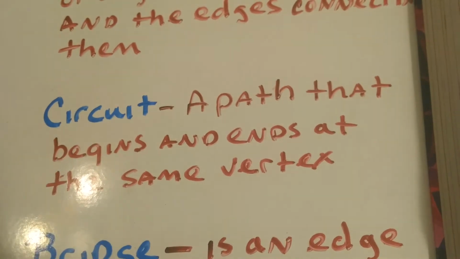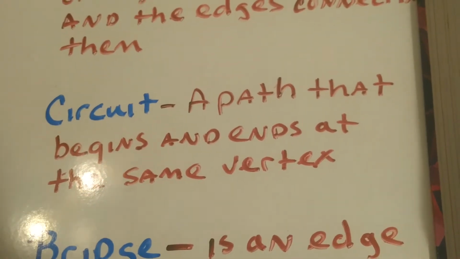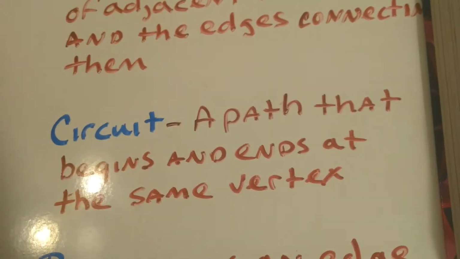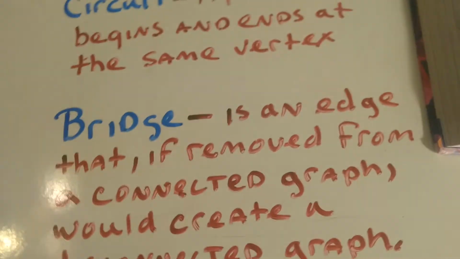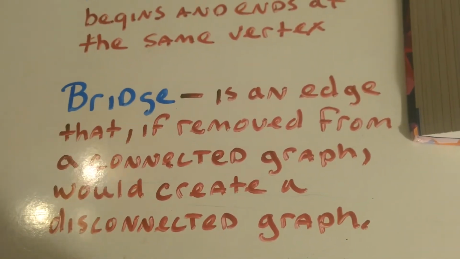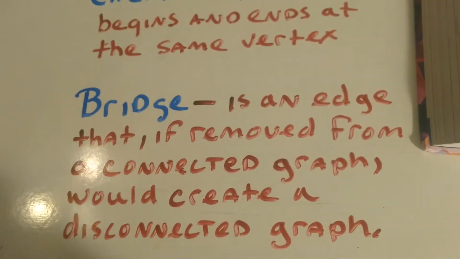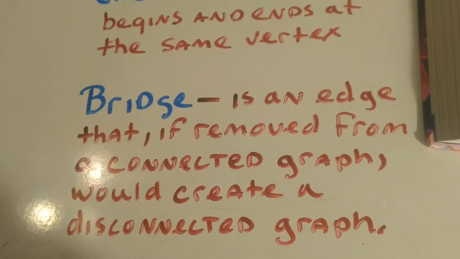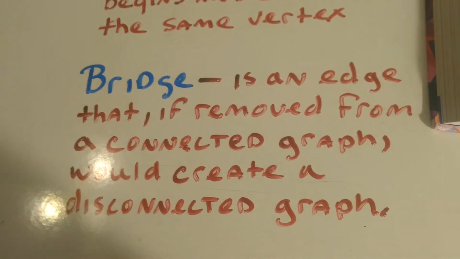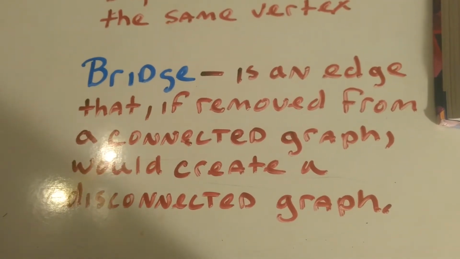All right? So if we start at point A, when we finish our path, we're going to end at A. That's what a circuit is. A bridge is an edge that, if removed from a connected graph, totally connected graph, the graph would be disconnected. All right? I'm going to go over some example problems on that.